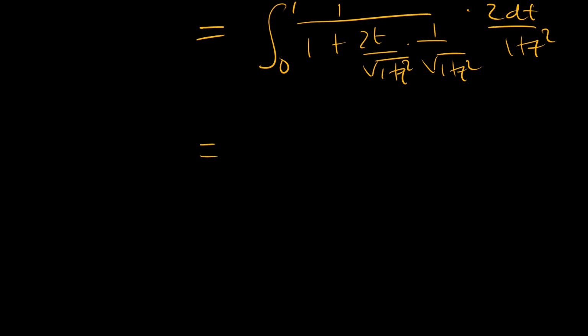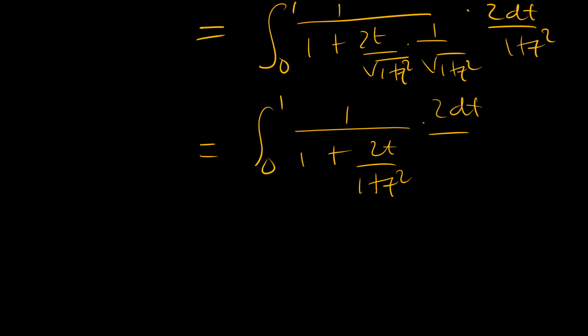This becomes the integral from 0 to 1 of 1 over 1 plus 2t over 1 plus t squared, times 2 dt over 1 plus t squared.